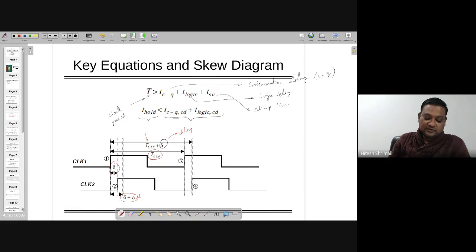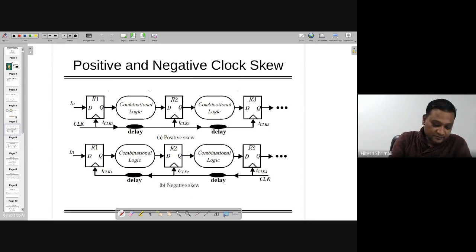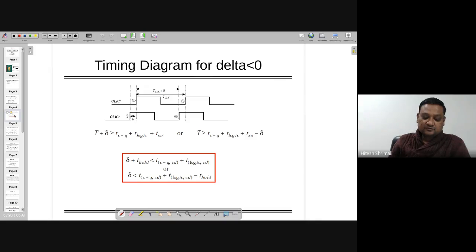So in this case, delta is greater than 0, right? You can see here delta is positive, clock 1 and clock 2. Clock 1 is the reference one, then it's positive. But if it is the reverse one, where clock 1 is a little bit delayed, then delta becomes less than 0.